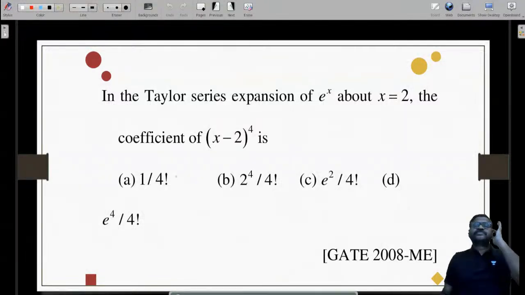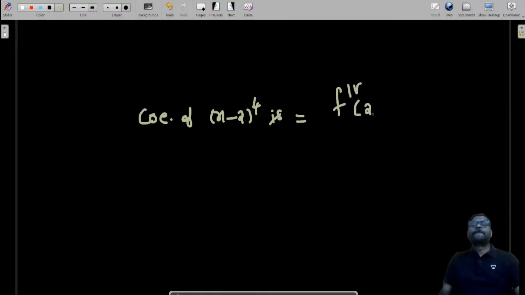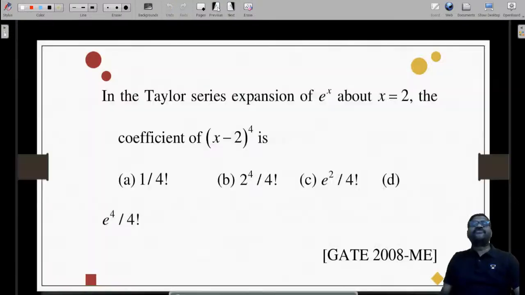Next problem. In the Taylor series expansion of e power x about x equal to 2, the coefficient of (x minus 2) power 4 is the fourth derivative of f at 2 by 4 factorial.